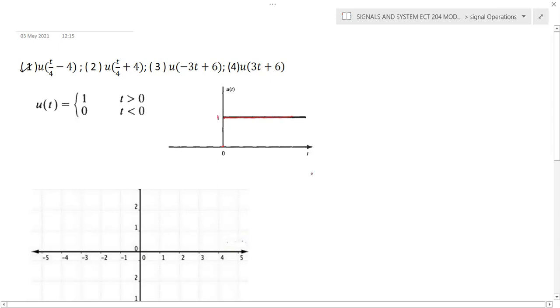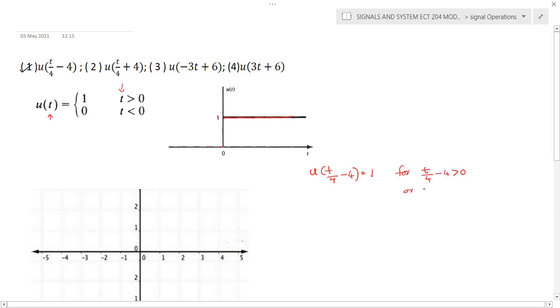Now we need to try u of t by 4 minus 4. Okay, if you compare with the standard equation, here you can see that this is t, and then t greater than 0. So here also u of t by 4 minus 4 is equal to 1 for t by 4 minus 4 greater than 0.